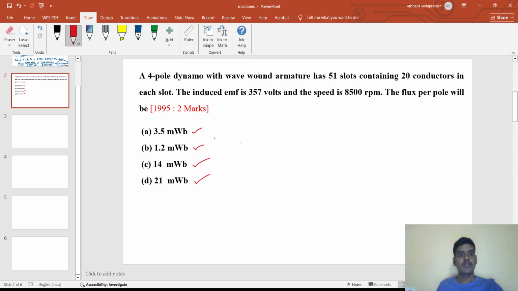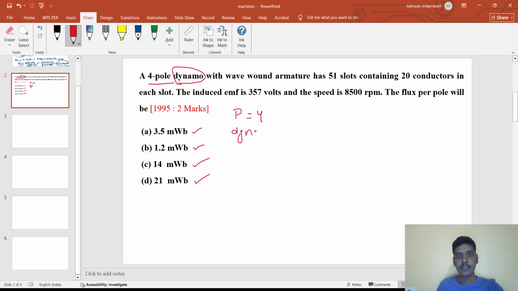So, let us look at the problem. A four pole dynamo, that means they have provided P is equal to 4, the number of poles. Here they have mentioned dynamo.